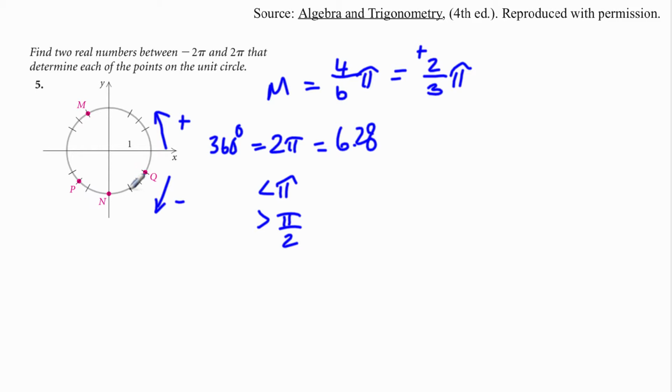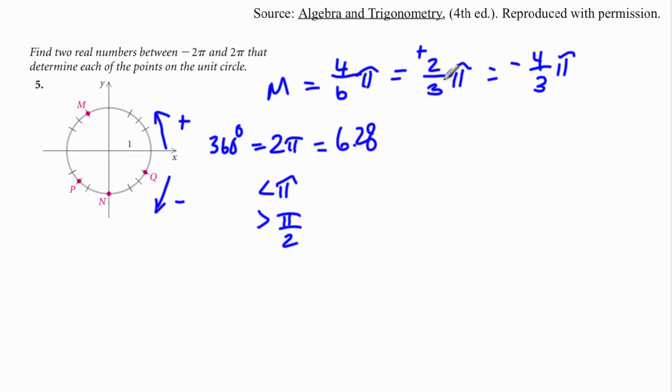So there's 1/3 right there, 2/3 right there, 3/3, 4/3. And each time I'm jumping 60 degrees. So if I went backwards, that would actually be a negative 4/3 pi. And both of those you would call coterminal angles.